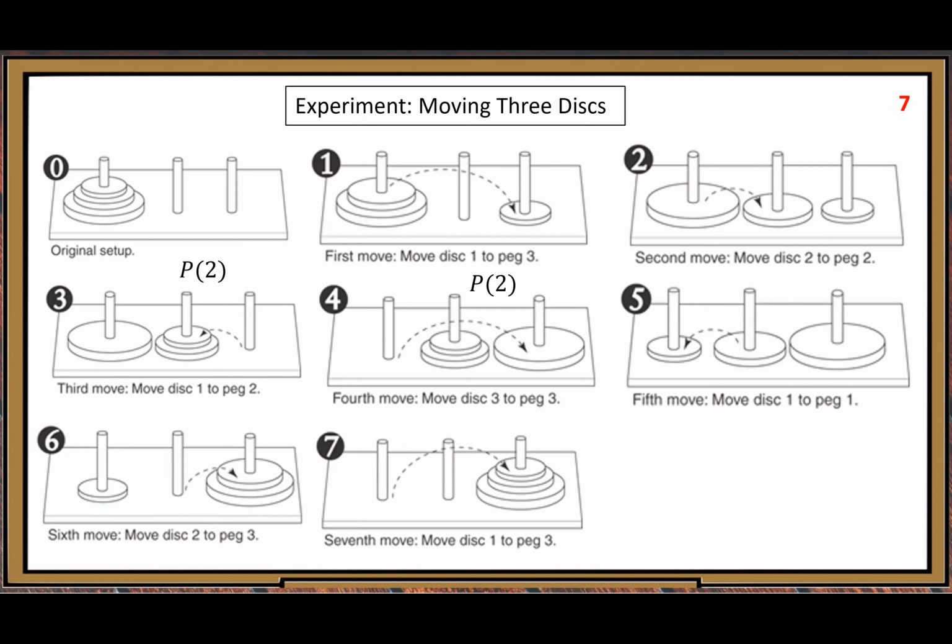But after we go through these 7 steps, the complete procedure, we want to find the rule, we want to find some properties to help us get a general solution. That's the goal, the general solution. How do we generalize the solution to n disks?